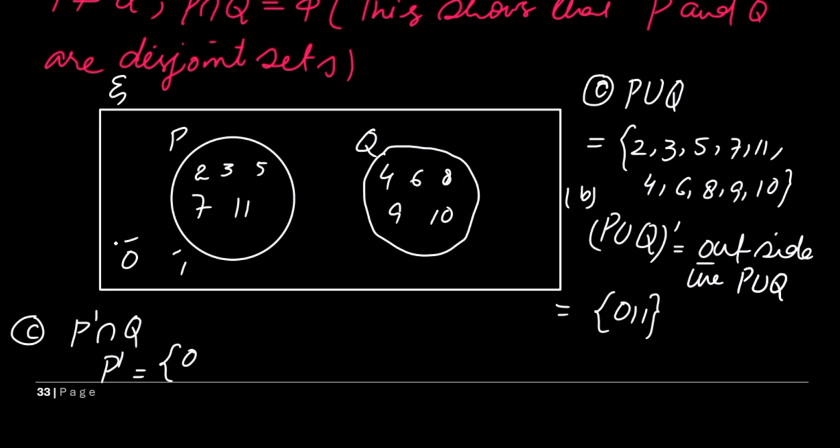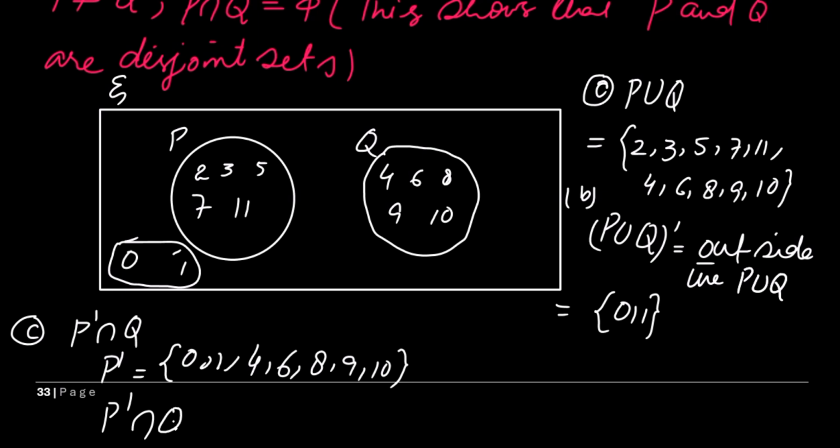One is the elements of this rectangle, 0, 1, and the other is the elements of set Q, 4, 6, 8, 9, 10. And when you take P complement intersection Q, clearly their intersection consists of just the set Q, which is 4, 6, 8, 9, 10, and it completes the problem.